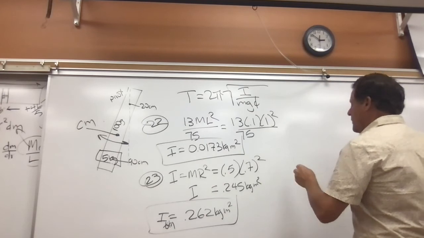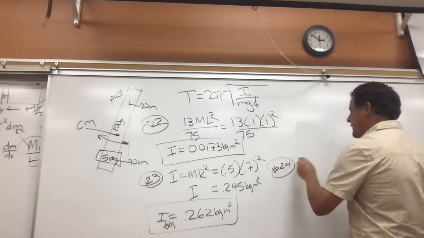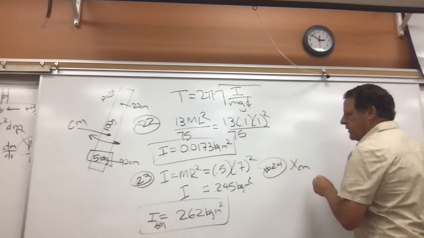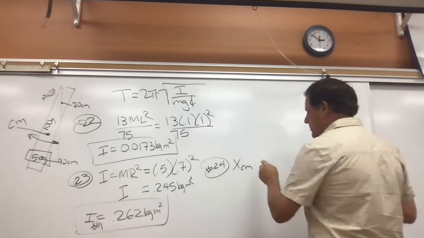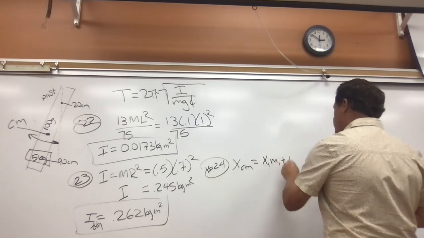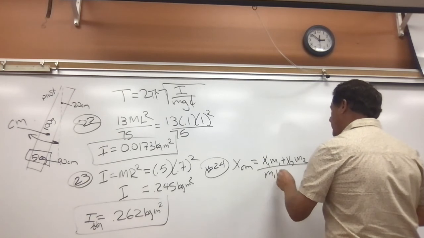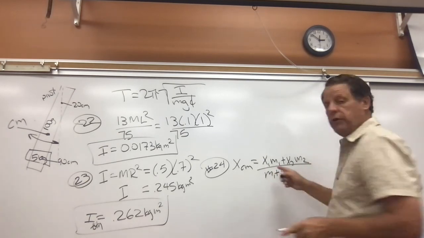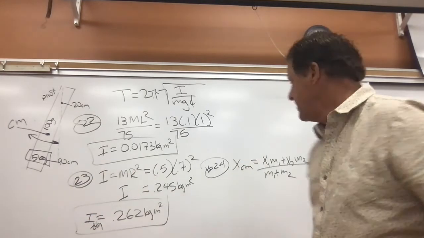So for question number 24, the center of mass, and we're just going to use X, it could be Y, doesn't matter, is X1 M1 plus X2 M2 over M1 plus M2.